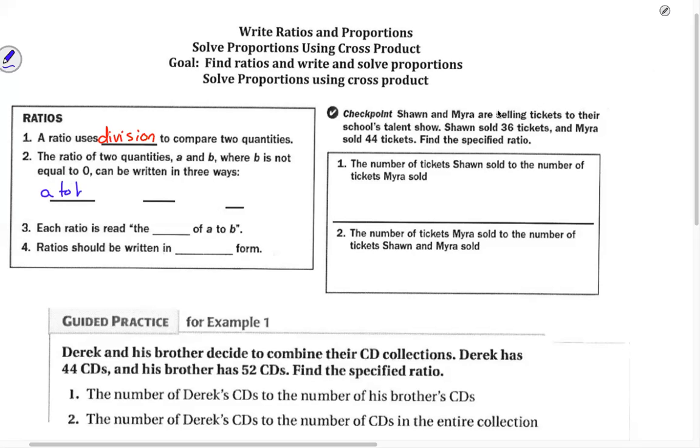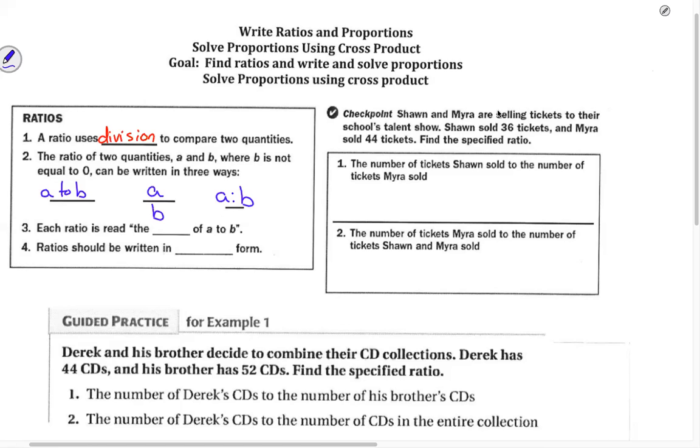First one, A to B. It's used with the word to. I'm comparing 2 things. The middle way, A divided by B. Or the last one, A:B. Those are the 3 ways we talk about ratios: the word to, division, and a colon.